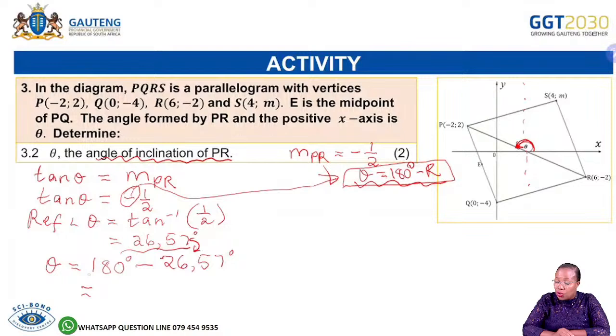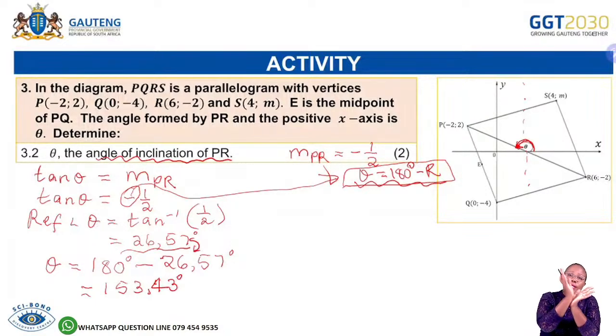Now you subtract the two, Grade 12, and you end up with 153,43 degrees. That is your inclination. Look at the value. It is between 90 and 180. That is your quadrant 2.